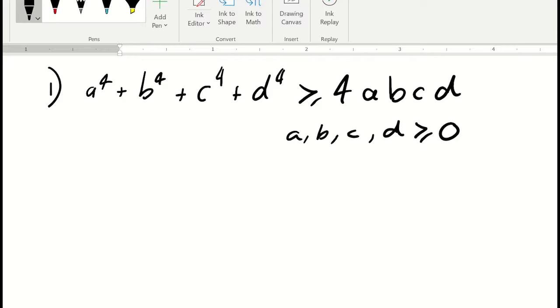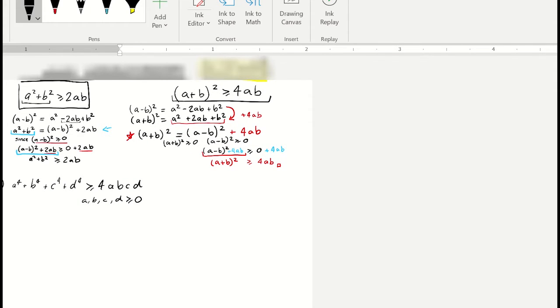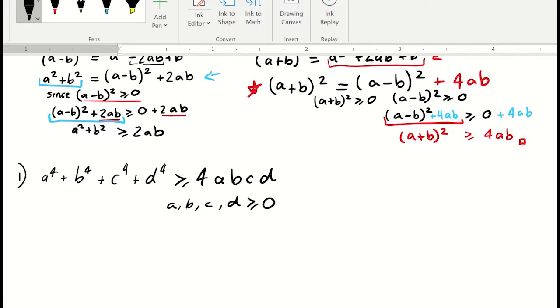This reminds me a bit of that one we've already proved before, up here. Let me just use x and y for the time being: x squared plus y squared is bigger than or equal to 2xy, or a squared plus b squared is bigger than or equal to 2ab. And I would say shown above.